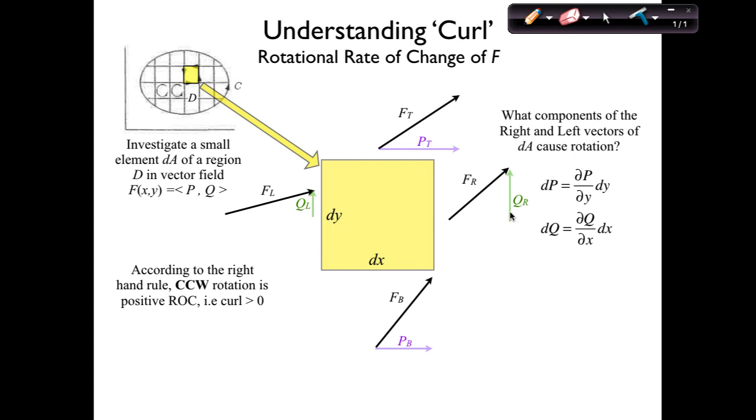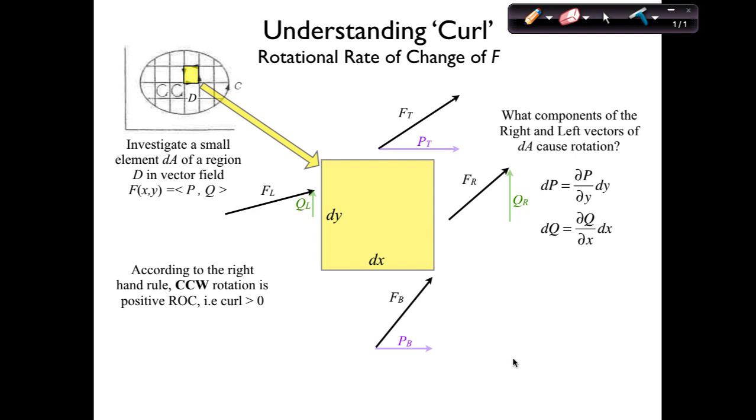So then we're going to put those together now. The effect of the change in p together with the change in q is going to give us the total rotation. Do you see? So what was the effect of q? Positive, right? But the effect of p is opposite, right? A positive p gives clockwise rotation.